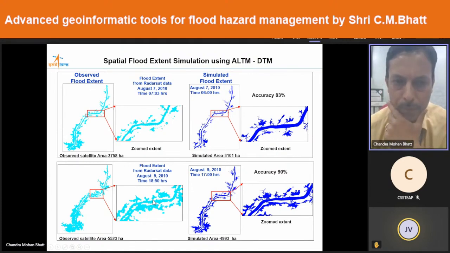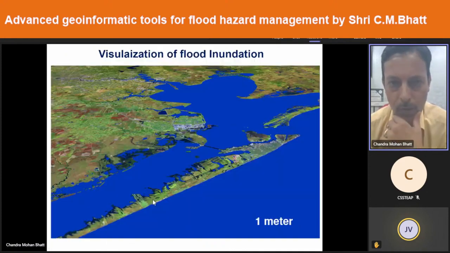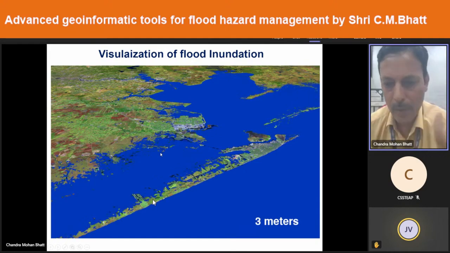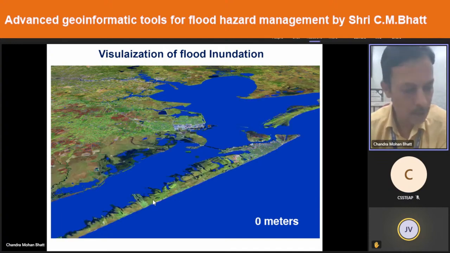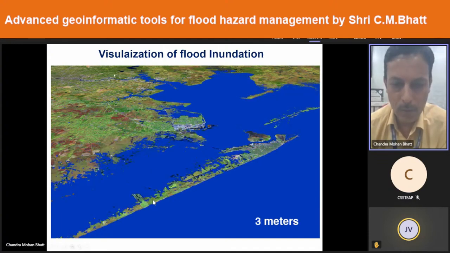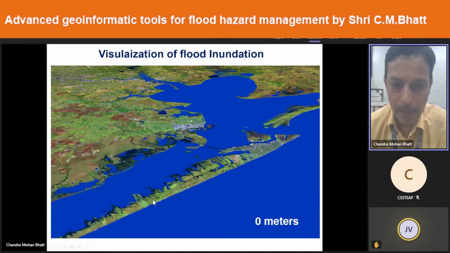Observed flood extent from the satellite data, and from the simulation, how much the match has been. We have used the ALTM, DTM over here. Once you have this kind of information, you can simulate if the water level increases, what could be the submergence in the adjoining areas, and how much infrastructure will get impacted or affected, which roads will be submerged.